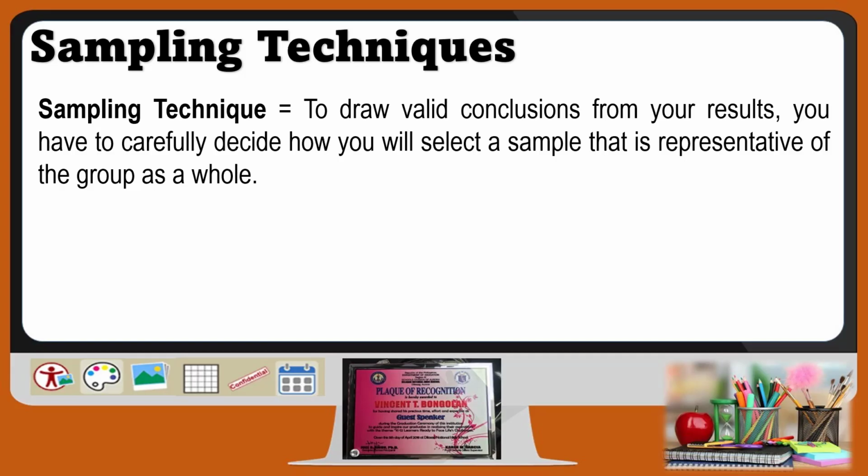So let's say, for example, you need to select 20 from the 50 students of statistics who graduated in 2020. That 20 should represent the 50 students. That is a sampling technique. It is very important that the sample you have chosen really represents the population.